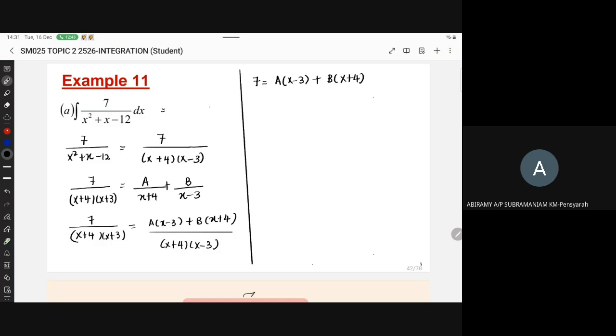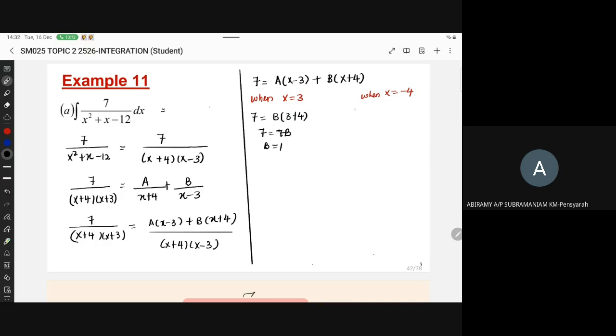Now to find A and B, we will use the method of substituting proper values, and the proper values are the roots of your equation. One root is 3 and the other root is negative 4. What happens when we substitute 3? We will be able to find the value of B. So 7 equals 7B, so B is 1.